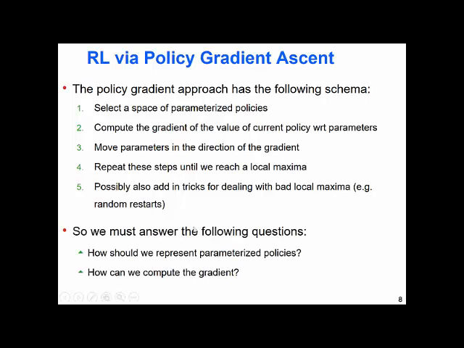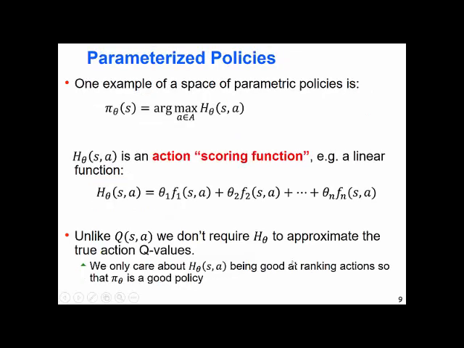So the main questions are, how do we represent policies, and how do we compute gradients? I'm going to go through a basic linear policy representation first, and then we'll talk about neural networks as well. But linear, as I said, I like linear representations, and so let's start here.